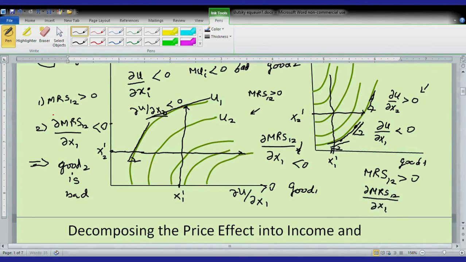Here this is something that is greater than 0. In fact, the marginal rate of substitution increases with the increased consumption of good 1. So here we have both things greater than 0, and whenever this is the case, it means that the commodity plotted along the horizontal axis is a bad good. So good 1 is bad. We can write that good 1 is bad.